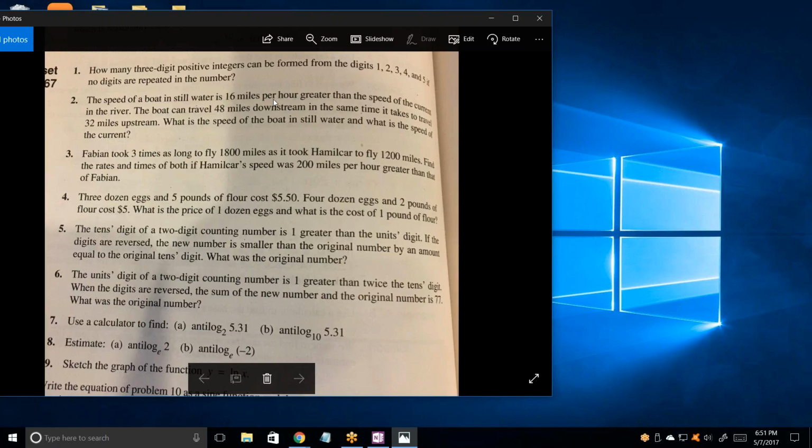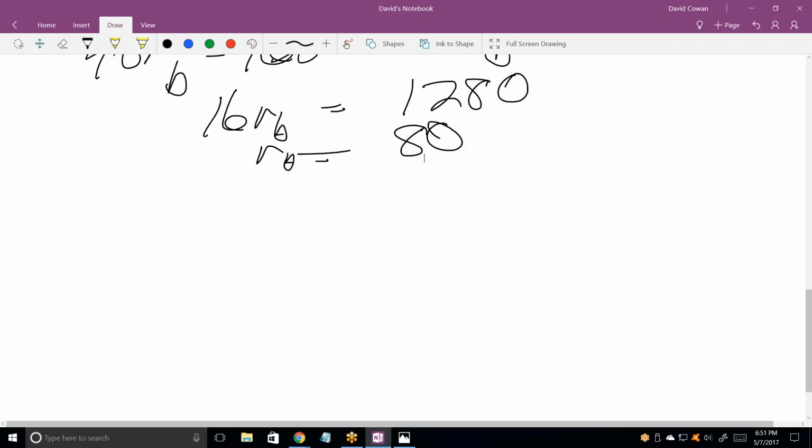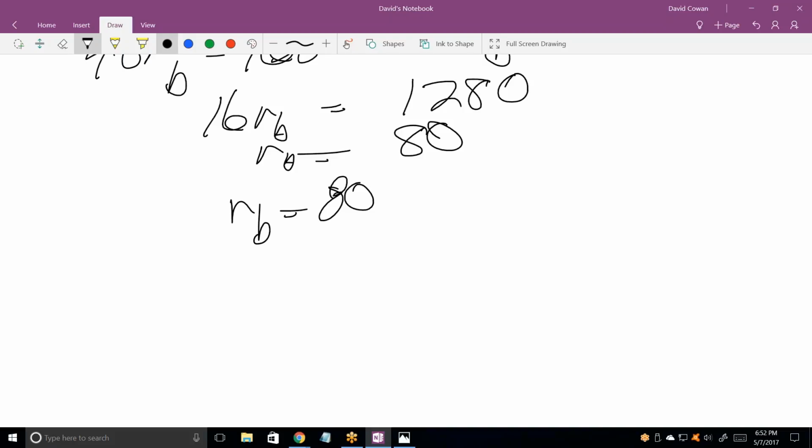And it's 16 miles per hour greater than the speed of the stream. Wow. That right away doesn't seem to make sense. The rate of the boat is 80, and if it's 16 miles an hour greater than the stream, the current, then the current must be 64.